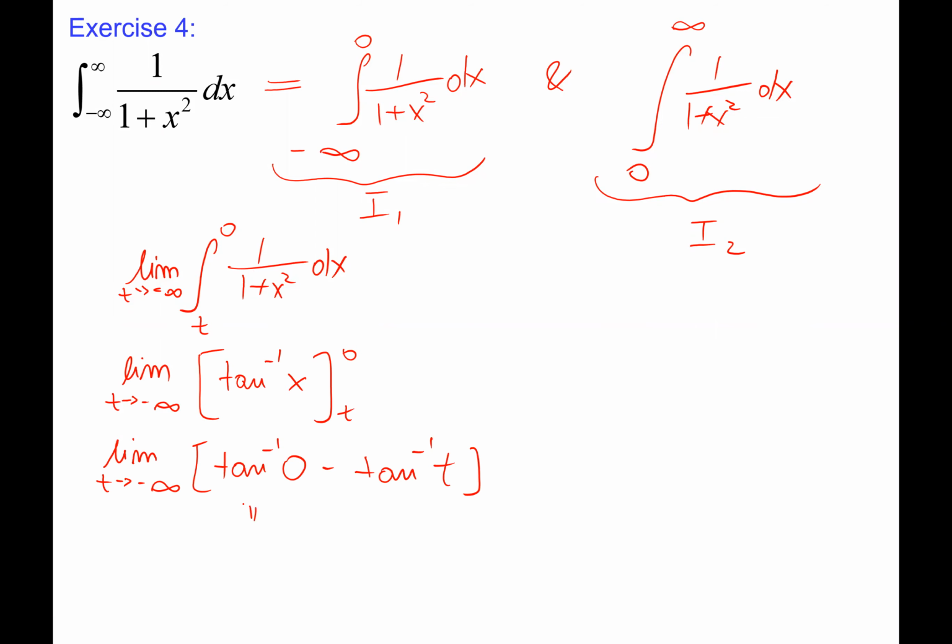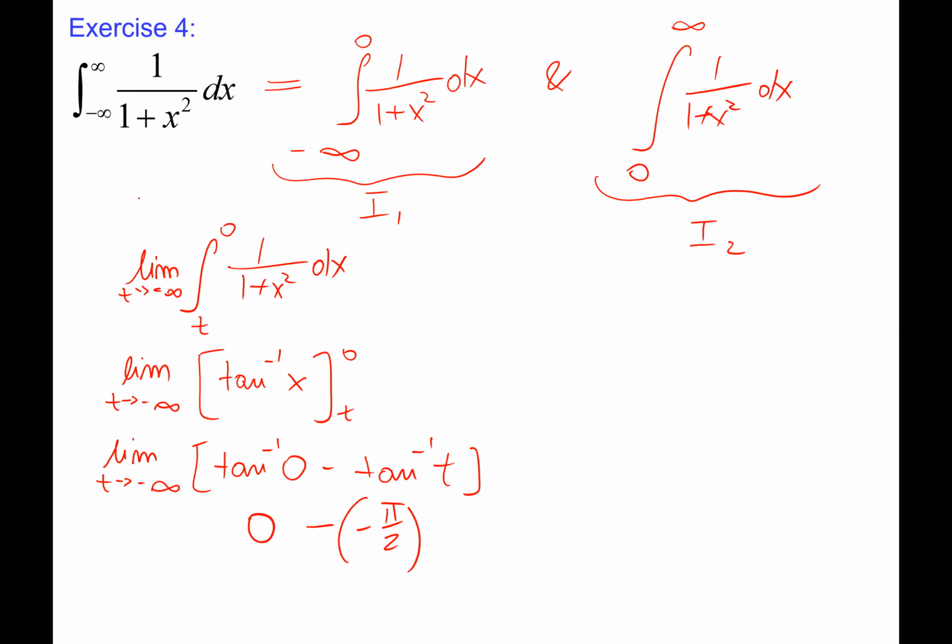Tangent for what angle is 0? Of course, 0. I was thinking about 1, of course. And now inverse tangent at negative infinity, we know that is negative pi over 2.